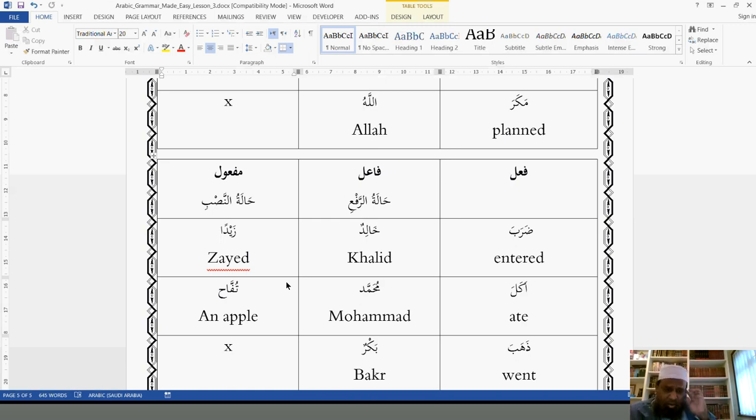You see, it is not the signs, it is the position that tells us the i'rab. If I change it around, if I make Khalidun into Khalidan and I make Zaidan into Zaidun, now what is what?